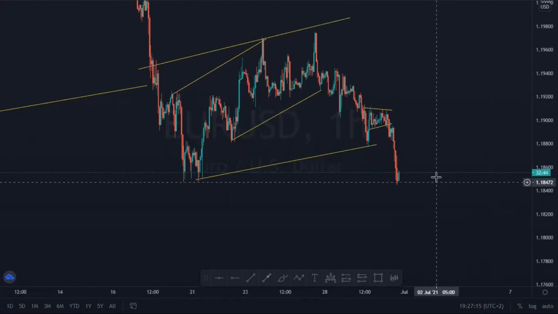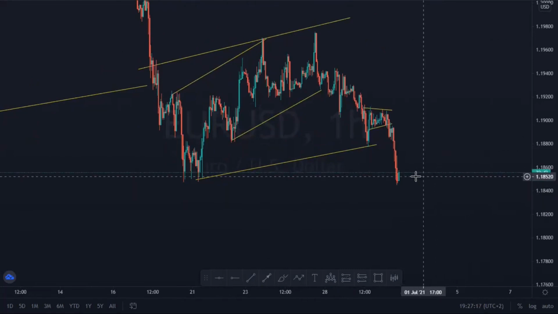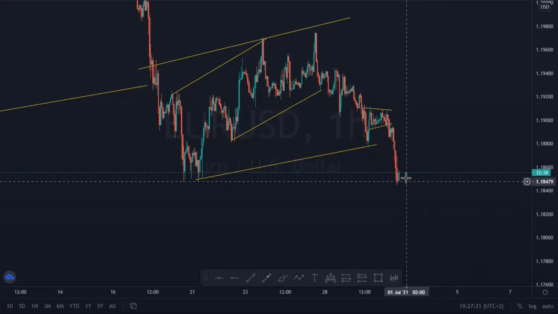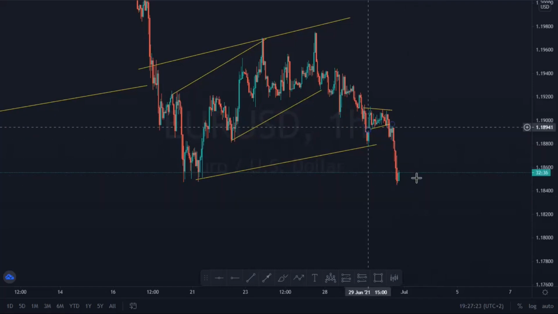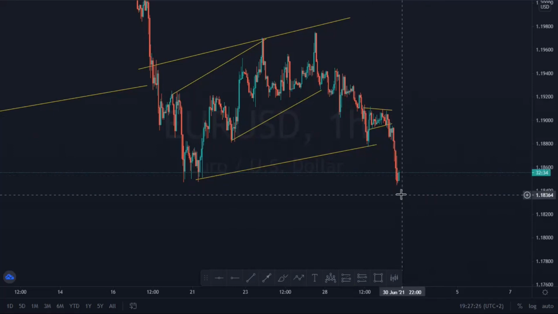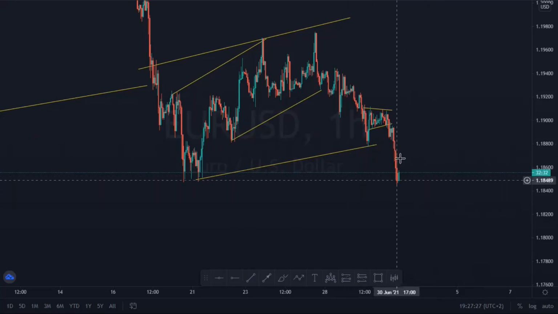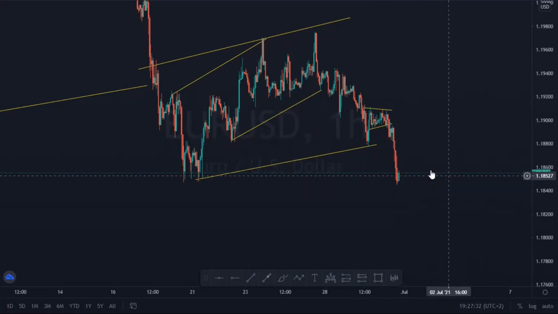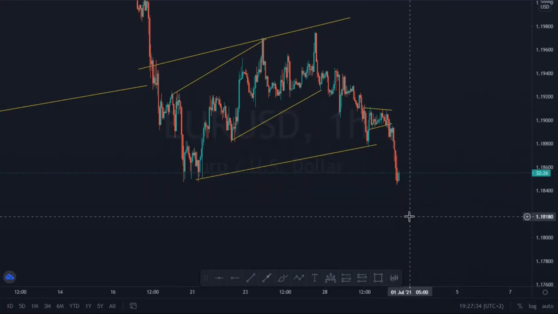So even here, you can wait for this to finish the correction, and thereafter you enter the sell. Below, because if you see what the market is doing here, it's doing the same thing that it did here, correcting.